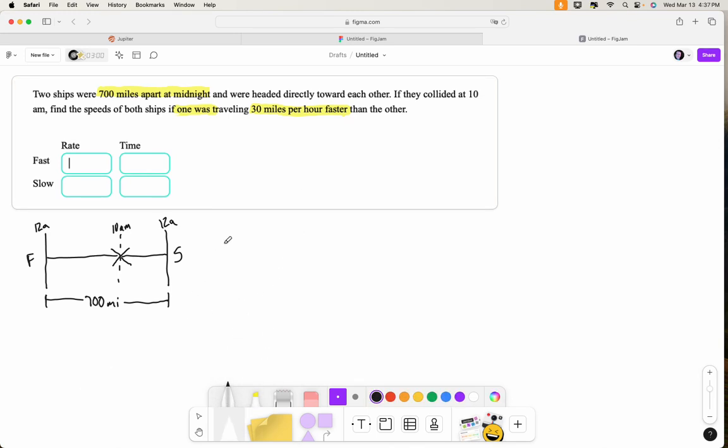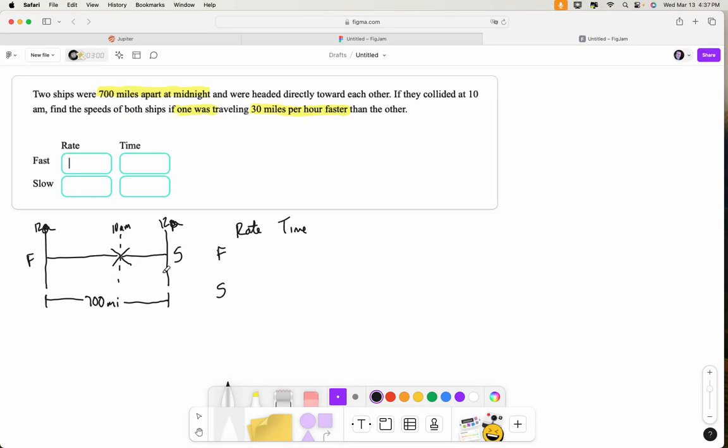So let's make our table. So we've got the rate and we've got the time. We've got the faster one and the slower one. The time of both of them is the same from 12 a.m. to 10 a.m. No, it's 12 a.m. Midnight is 12 a.m. So 10 a.m. is going to be, it's kind of weird how that works, right?